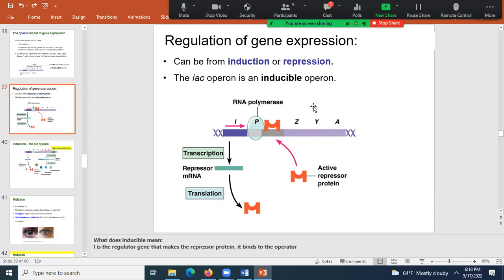Well, it's pretty easy why the cell wouldn't need the enzyme lactase, and that is the sugar lactose is not around. How often is E. coli going to see the sugar lactose? Where do you see the sugar lactose?